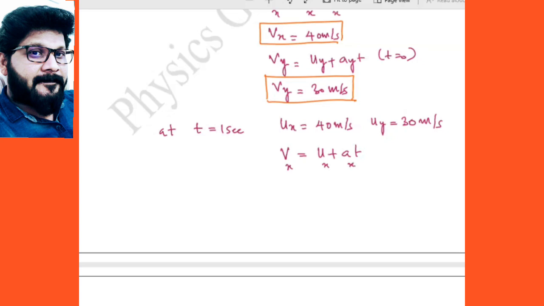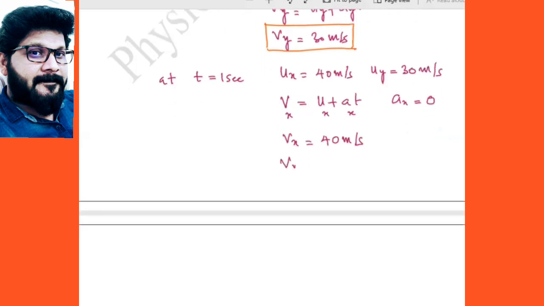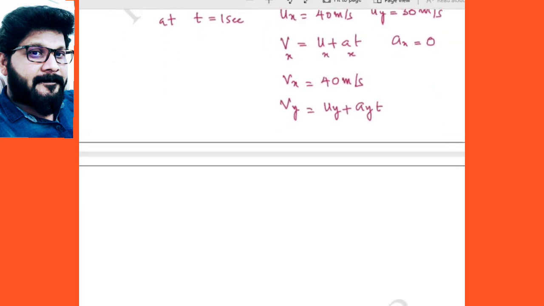What is ax equal to here? For projectile motion, what is the value of ax? 0. Very good. So vx equals ux, which is anyhow 40 meter per second. Now similarly vy equals uy plus ay into t. uy is already 30. Here you can see, is ay plus g or minus g? Anybody? Plus g or minus g?